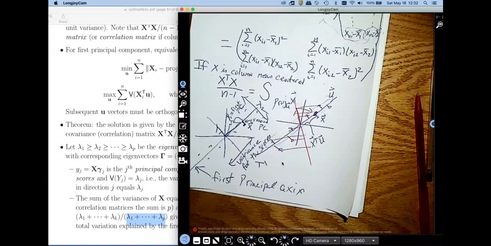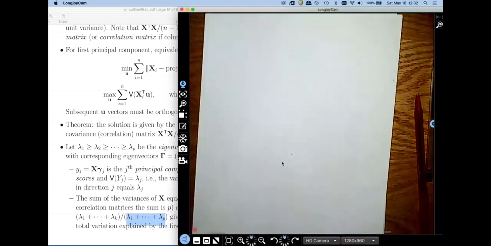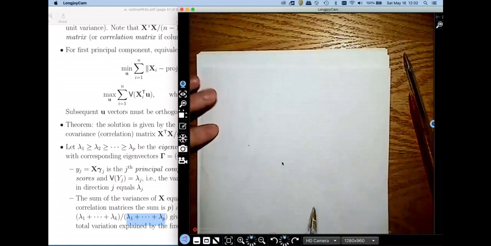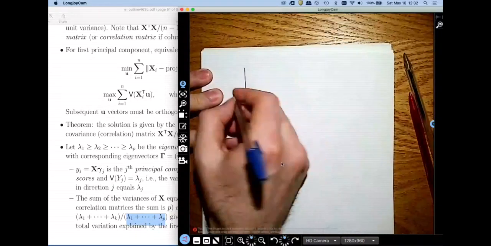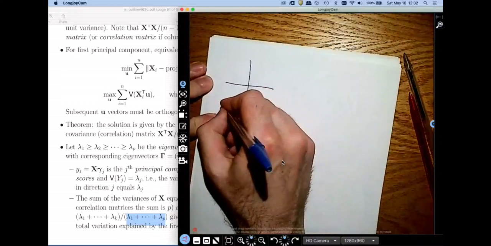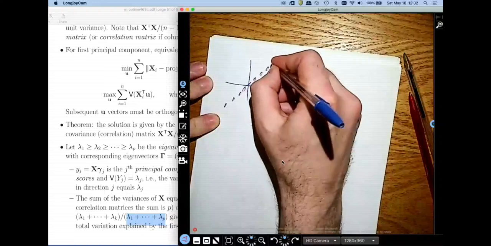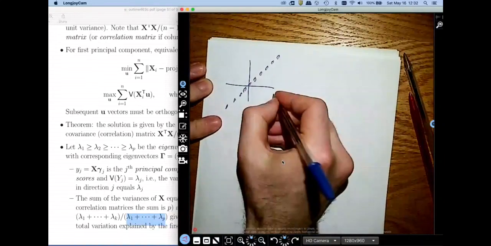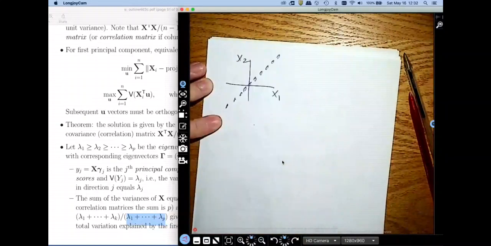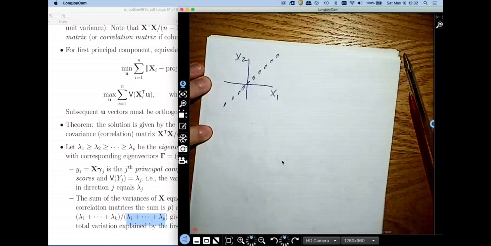So I'm going to go over to my piece of paper here and draw a little picture. Let's say I had some points that look like this, and I've rigged it so that these points exactly fall on a line. What would be my first principal component?